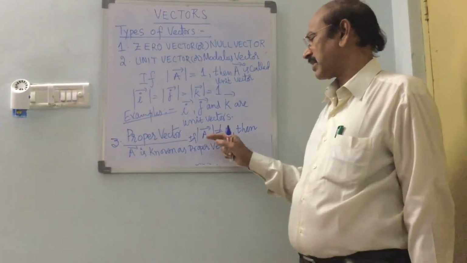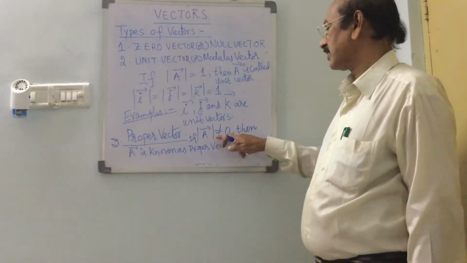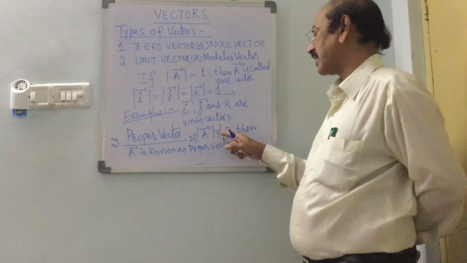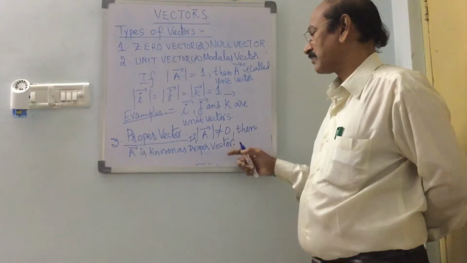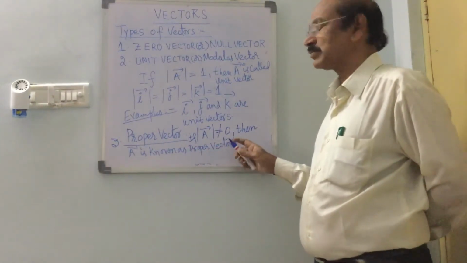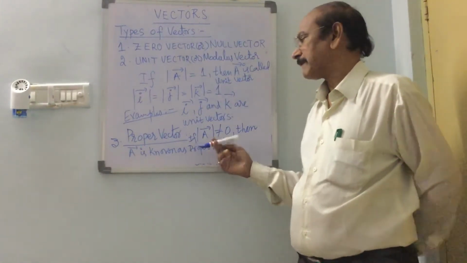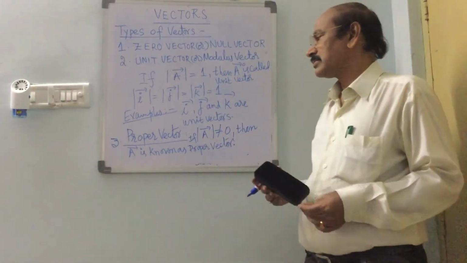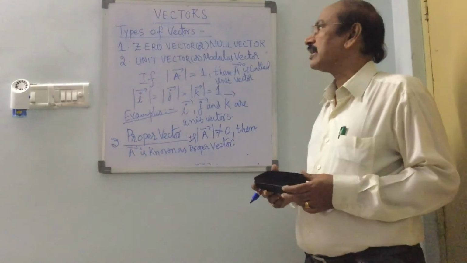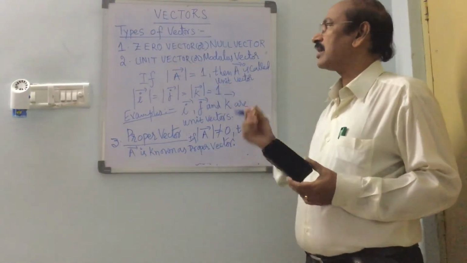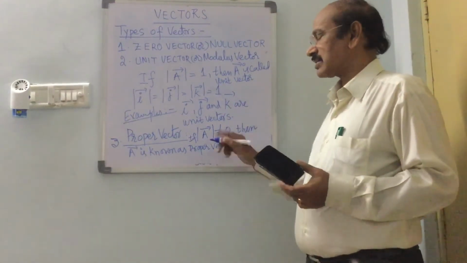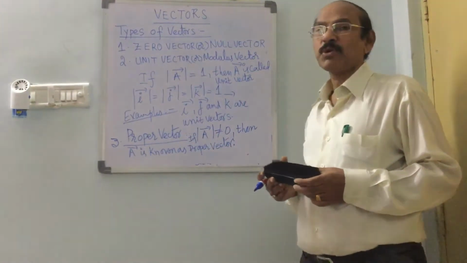So consider a vector a bar whose magnitude is not equal to 0, then the vector a bar is known as proper vector. That means it has some magnitude. So generally the vectors which are not zero vectors or null vectors come under the category of proper vectors.